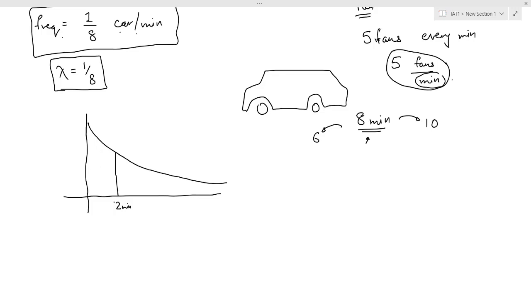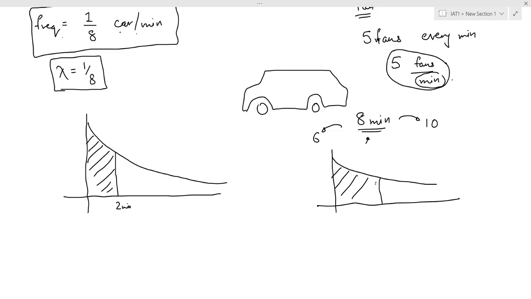If we want to find out the probability of the car getting manufactured in 2 minutes, we are going to have to calculate this area, right? If we want to find out the probability of the car getting manufactured in 4 minutes, then we will have to find out this area where this is 4.